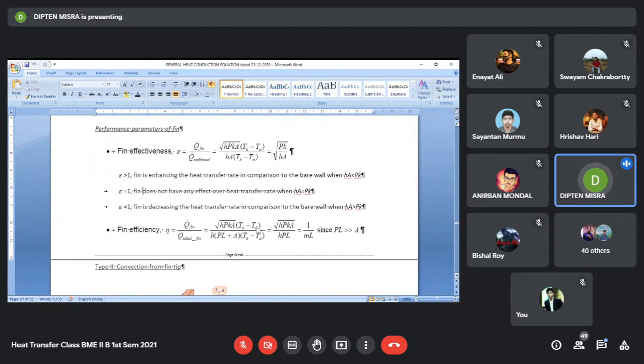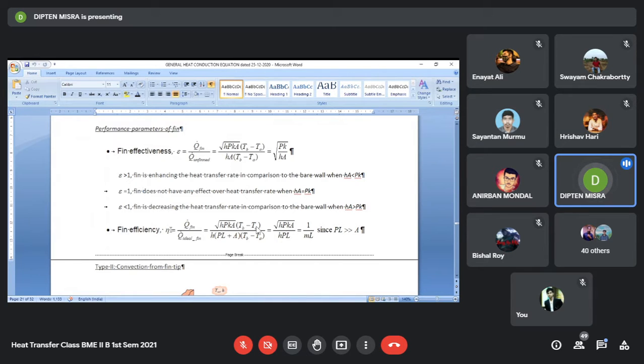That fin efficiency is the ratio of the heat transfer from the fin divided by the heat transfer from an ideal fin, the best possible fin, or divided by the heat transfer from a fin that can give us the maximum possible heat transfer. So that is what we express in terms of a quantity known as fin efficiency.